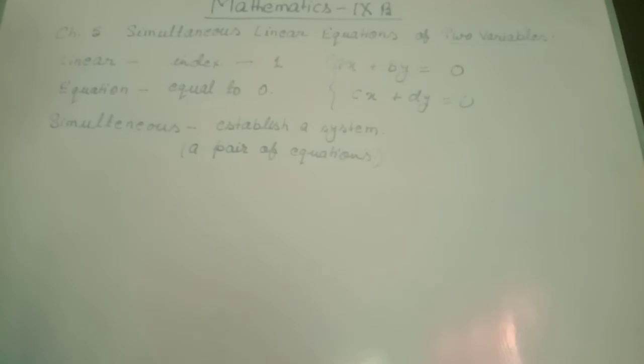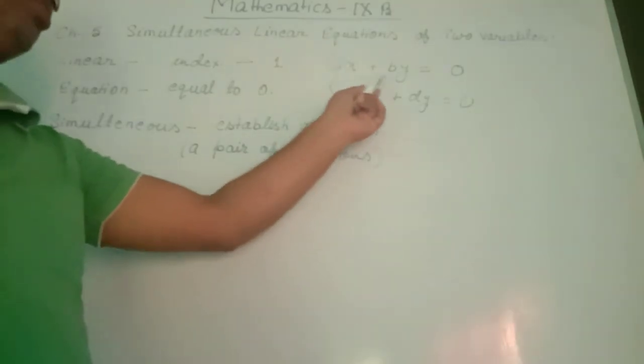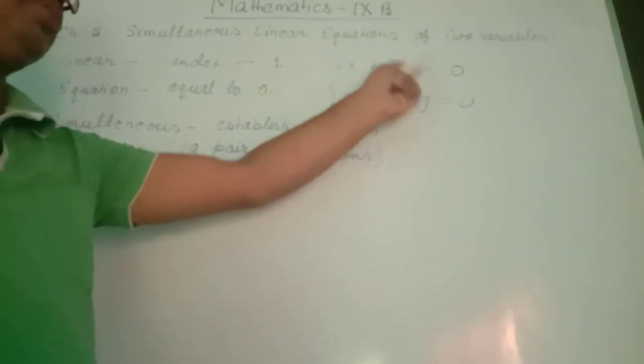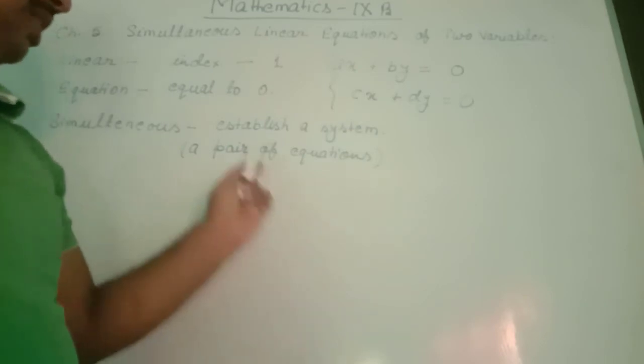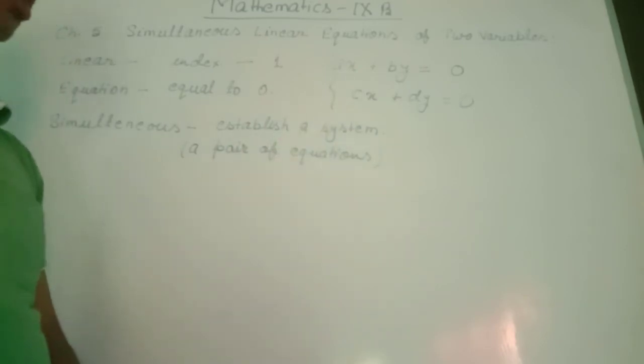Which type of system? One where all the values of x and y will satisfy the equation. Means if we keep the values of x and y in this equation, then that will be equal to 0. So from these terminologies we can prepare the definition of simultaneous linear equations of two variables.